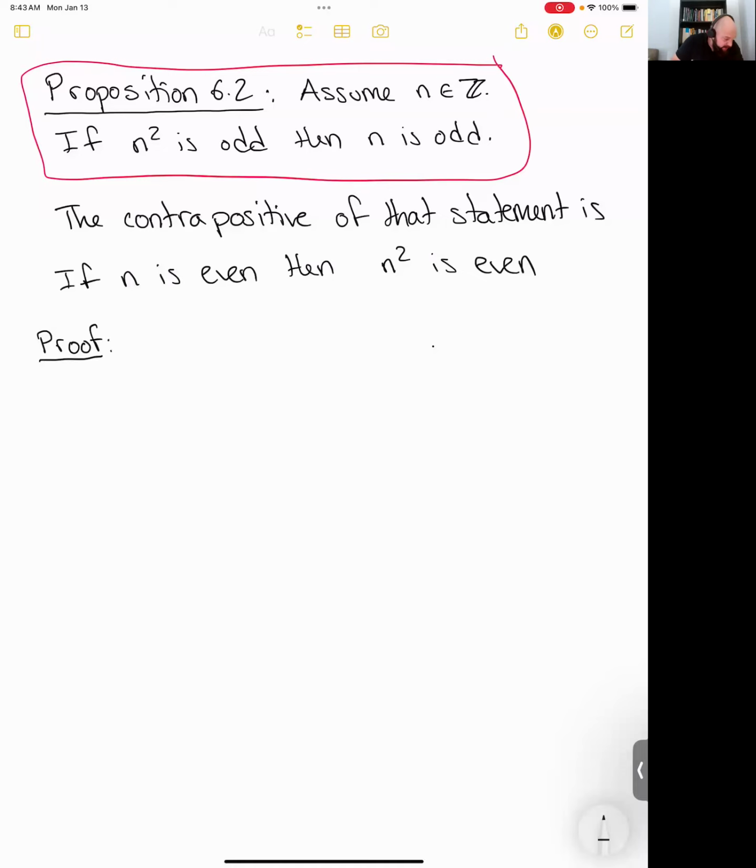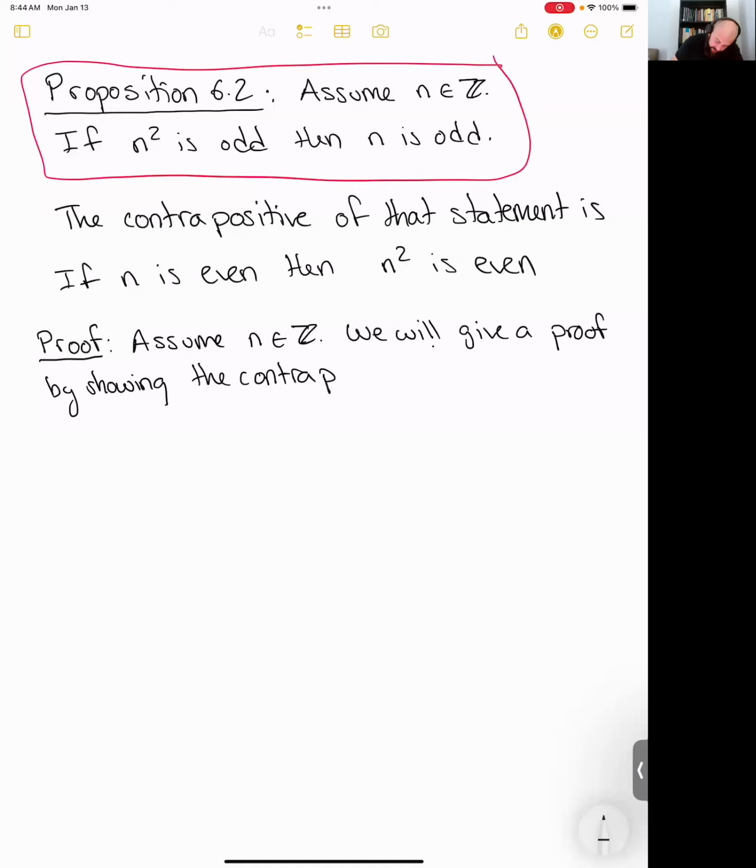So assume n is an integer, and then we will give a proof by showing the contrapositive is true.